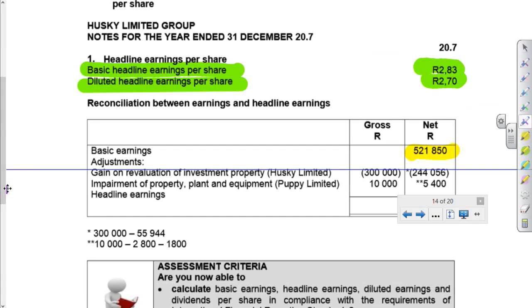It's just earnings. So what is headline earnings per share? A requirement of the JSE rules, required for all listed companies only, and it is an adjustment to adjust capital items out of profit, because those capital items are not happening every year. Yeah, I think it's mainly there to remove gains, isn't it?